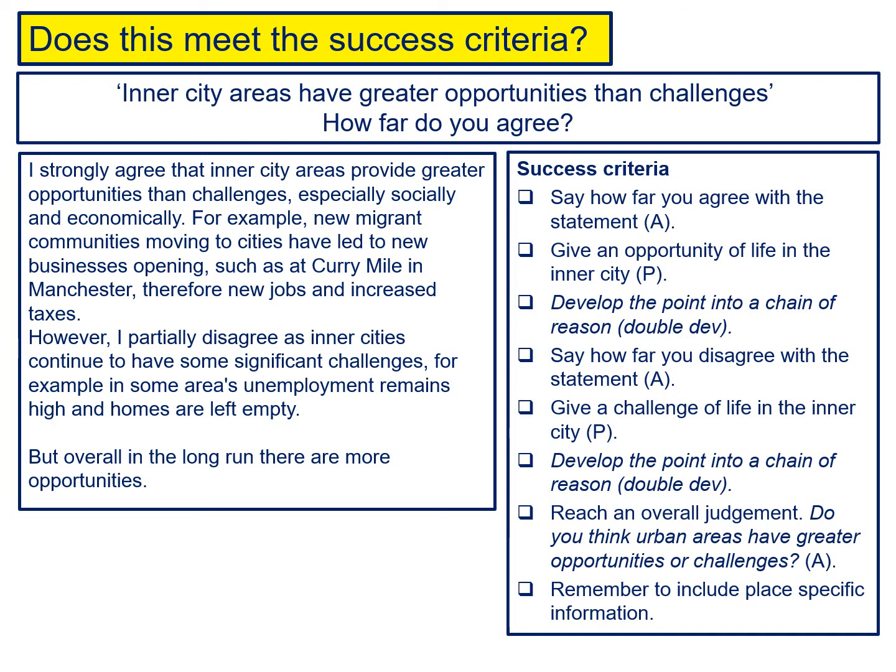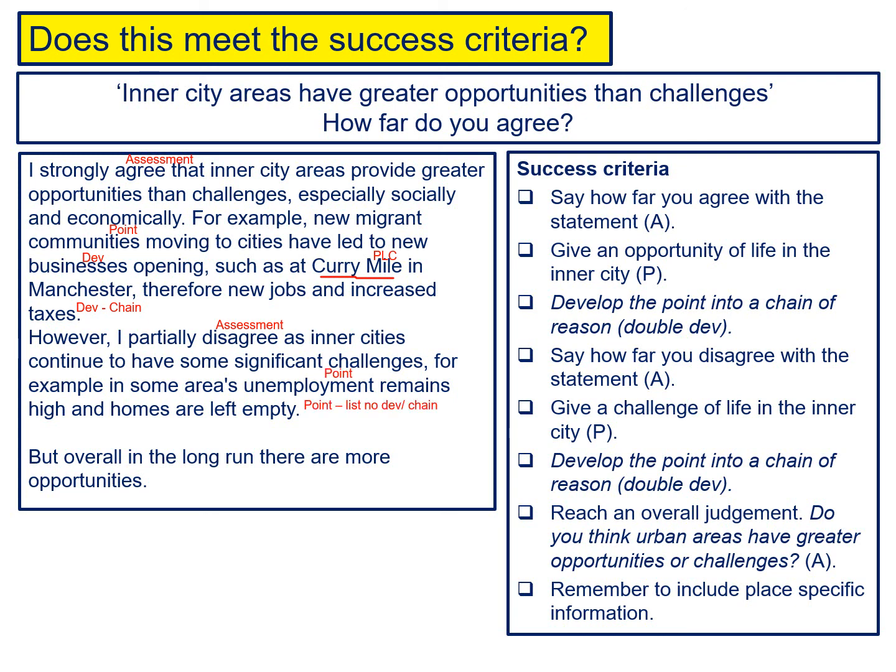So, does this meet the success criteria? They've given an assessment, they've said they strongly agree, they've used points, they've developed their points, they've used some place-specific information there by using Curry Mile from Manchester, and they've developed it. They've done another assessment for on the other hand.